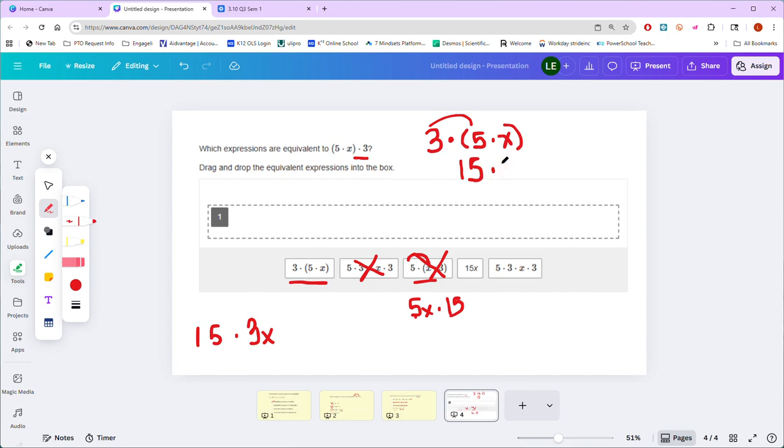I could have 15 times x, which is the same as 15x. So that will work since it's all multiplying. I just didn't multiply all the way through. And then 15 times 3, or 5 times 3, and then x times 3 is similar to what I did down here. And that would give me a very different number as well.